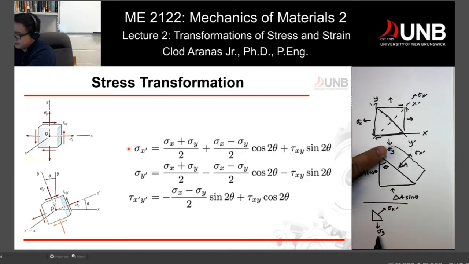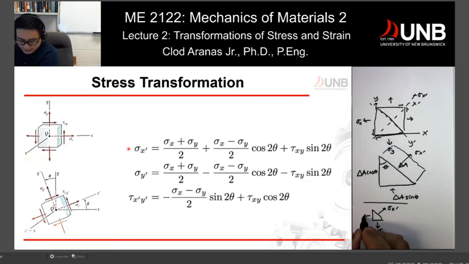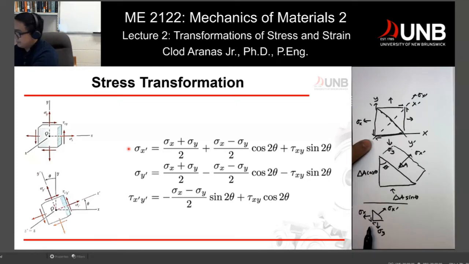And then we have sigma x, so we still have sigma x on the other side. So this is sigma x, and that's sigma x right there. So from the top, now we also have shear stresses applied on our surface. So we have shear stress here, and then shear stress there on this part. And that's from this point right here from the top.